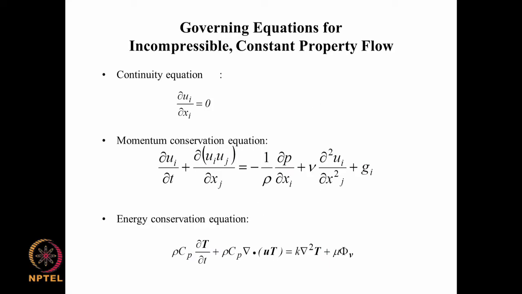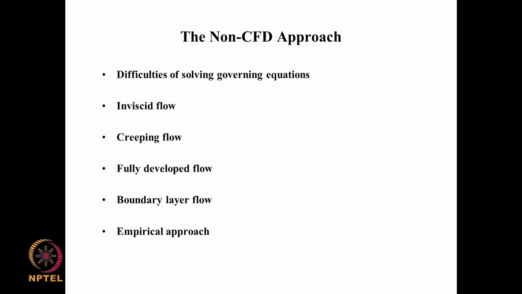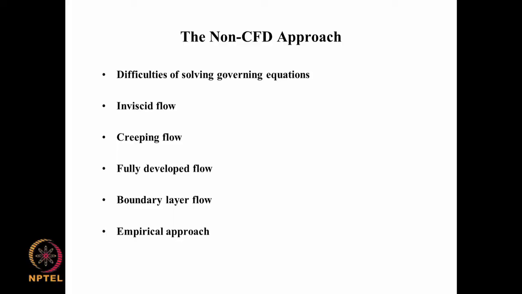So, despite the apparent simplicity, it is not possible to get an analytical solution to the exact equations. So, when we are doing the non-CFD approach, then we make certain simplifying assumptions. These assumptions can be like inviscid flow, creeping flow, fully developed flow, and boundary layer flow, and all these things.